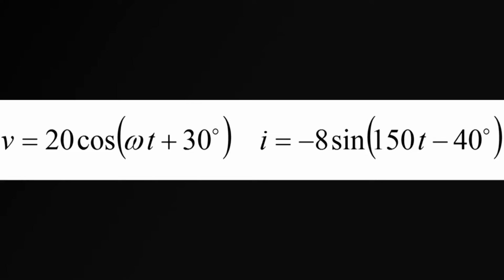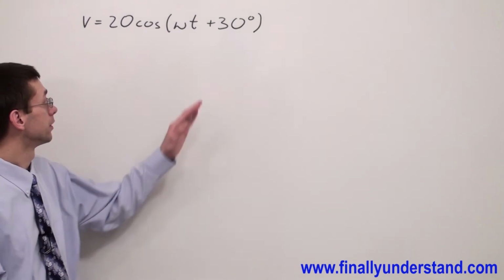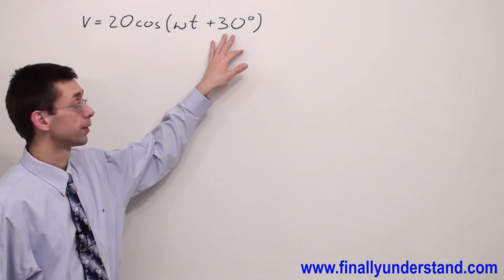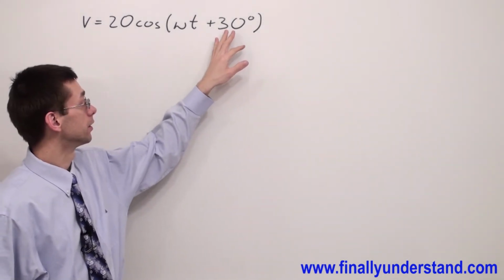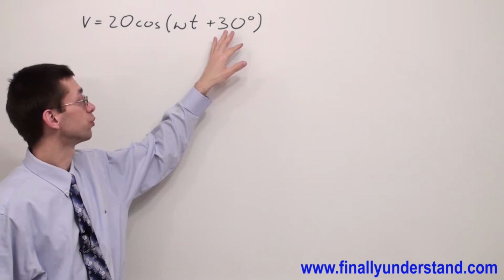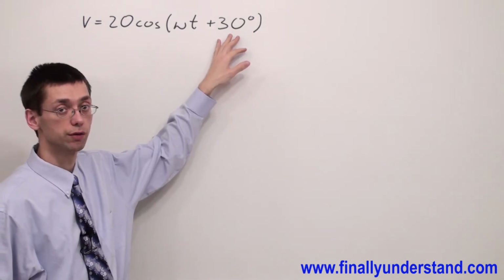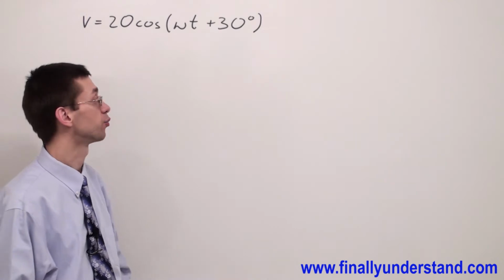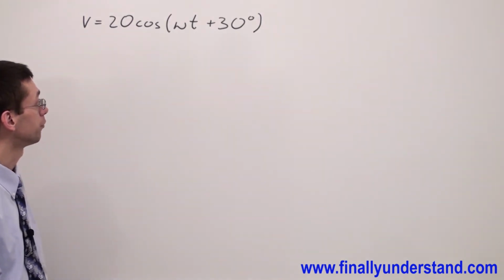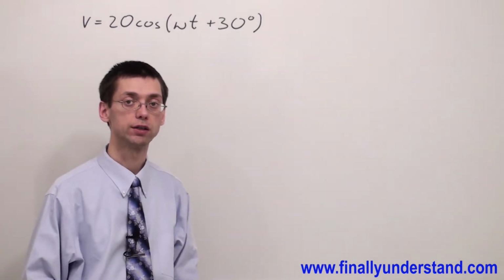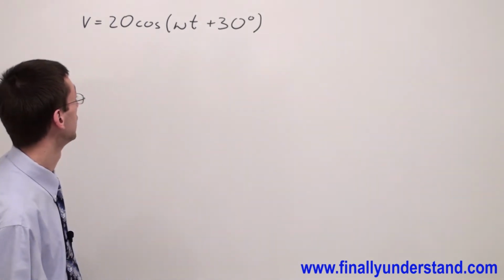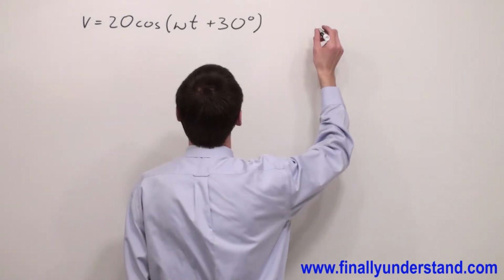This time we're supposed to draw the cosine wave, and please notice that the x-axis is supposed to be calibrated in degrees because the phase shift angle is expressed in degrees. The very first thing we are going to do is write the equation for the reference cosine wave first.